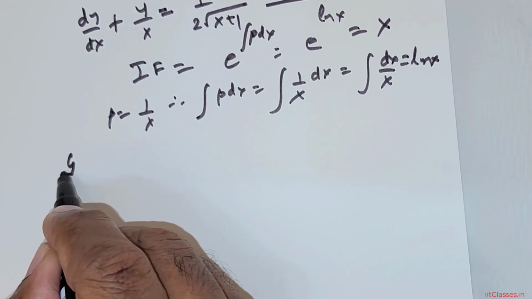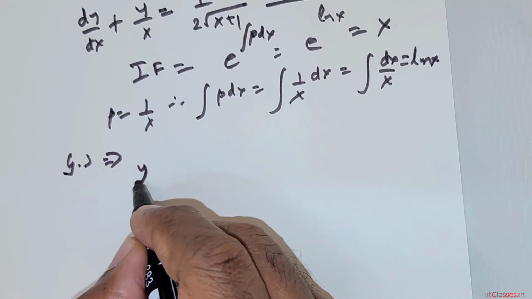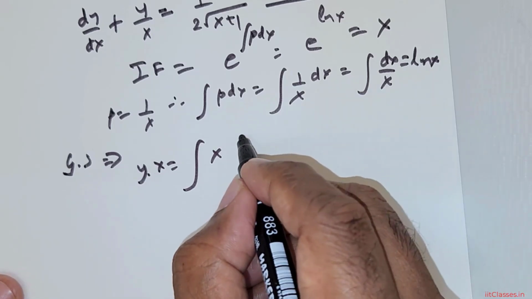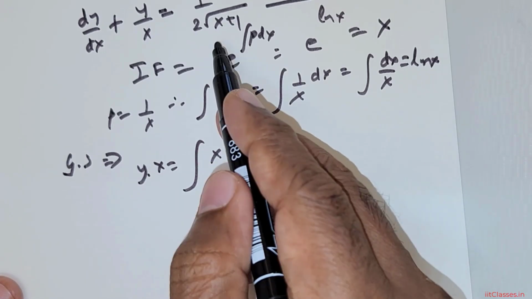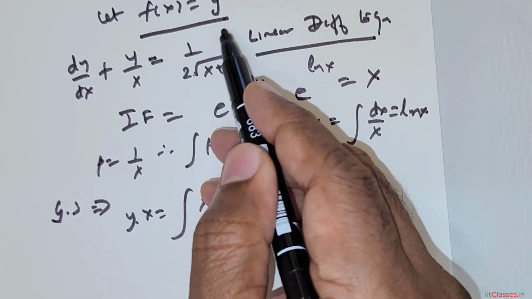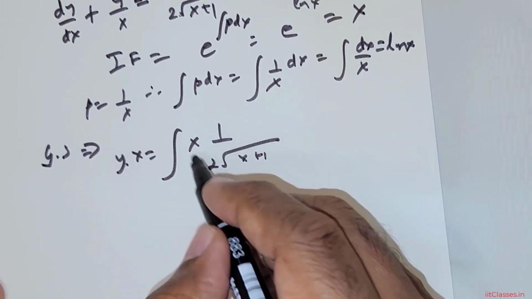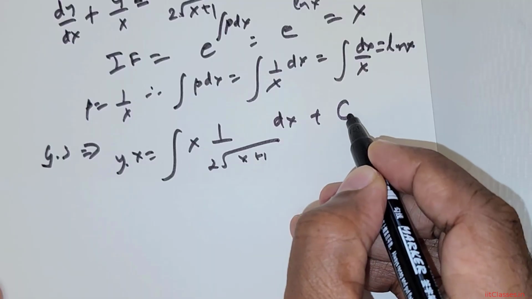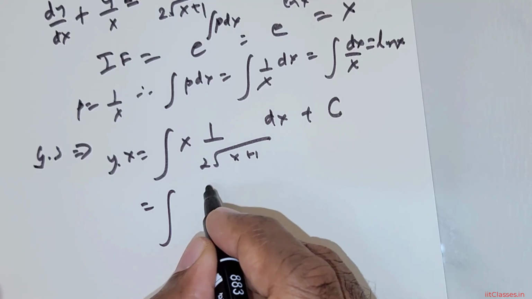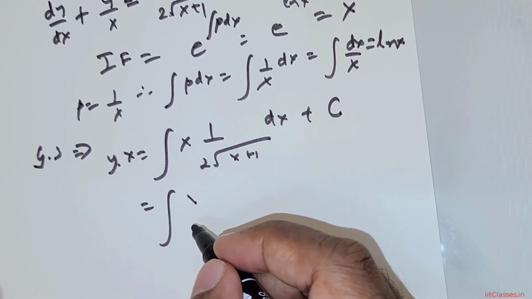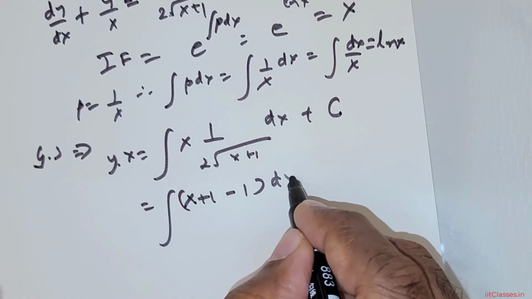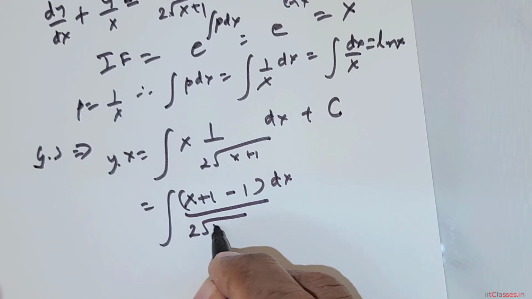So what will be the general solution? The general solution is going to be y times what we have got, x, is equal to the integral of x times the right hand side, 1/(2√(x+1)). This is what you got on the right hand side. Okay, so place that and we integrate this. To get rid of this denominator, I want to add a 1 and take away 1, so x+1−1, times dx divided by 2√(x+1).